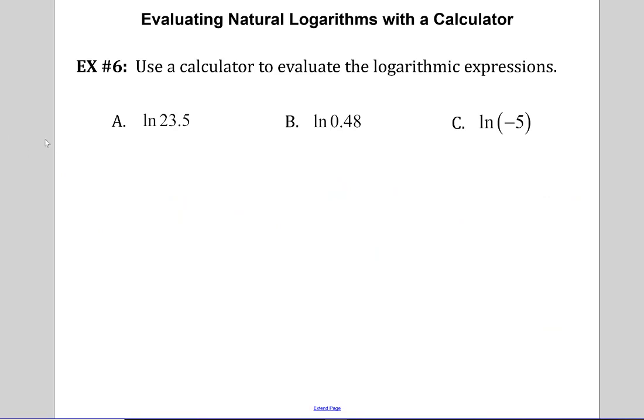So using the properties. Again, back to the calculator, we're going to practice with natural logs. Natural log of 23.5 is about 3.157. Natural log of 48/100 is about -0.734. And what happens with natural log of a negative number?